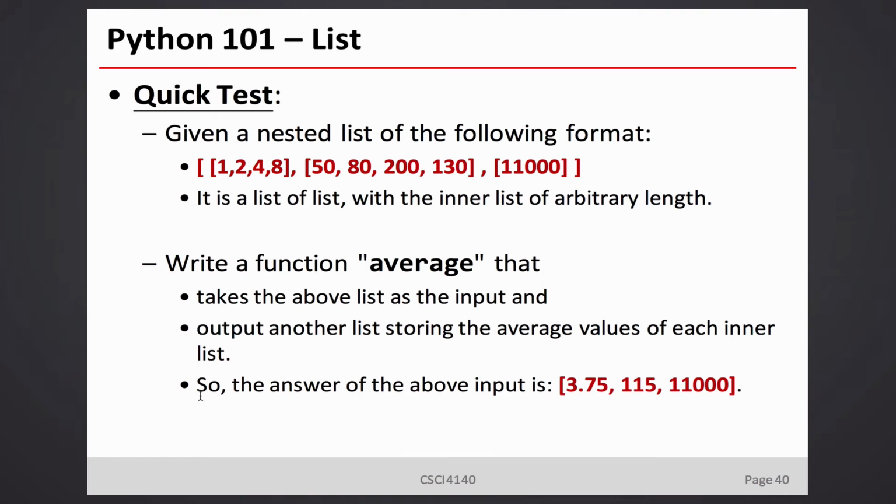I want the code as short as possible, but I don't ask for a one-liner, okay? You can make it short, and then you can appreciate. Actually, Python gives you a lot of tools to write simple code, okay?